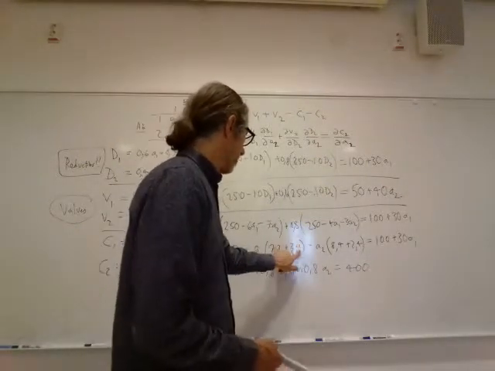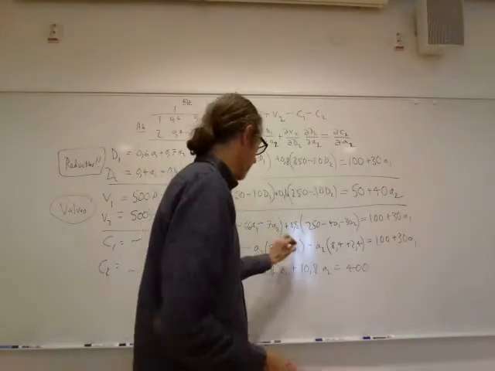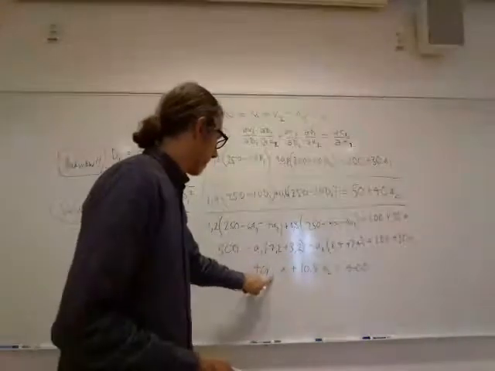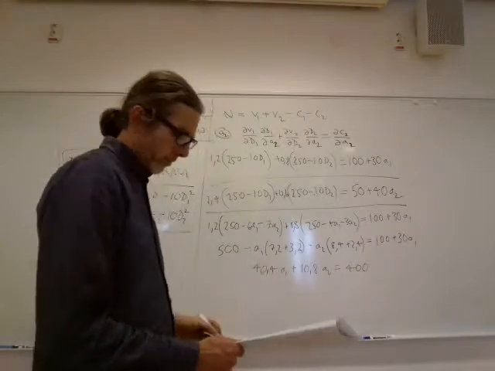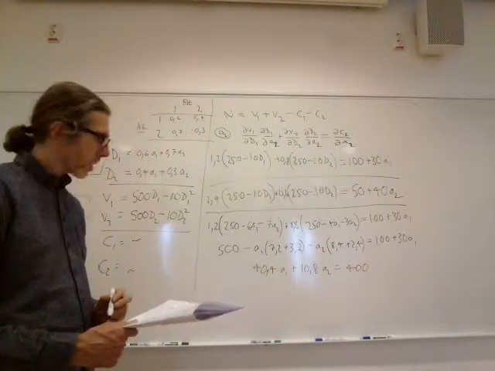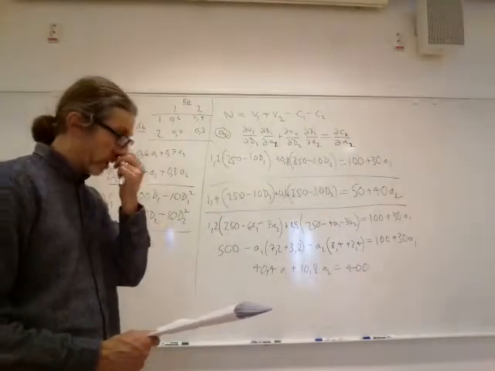Four eighths are 32, aren't they? So tricky here. Keep track of this. 40.4 a1 plus 10.8 a2 equals 400.